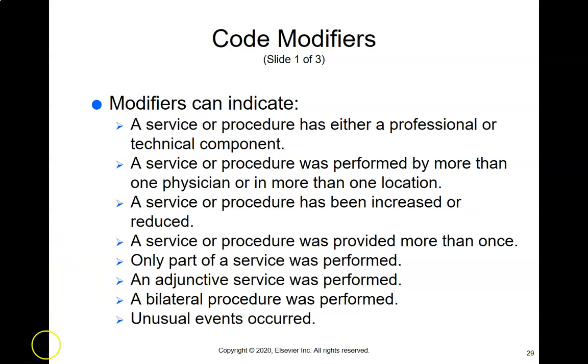Code modifiers. The code modifiers can indicate a service or procedure has either a professional or technical component, a service or procedure was performed by more than one physician or in more than one location, a service or procedure has been increased or reduced, a service or procedure was provided more than once, only part of a service was performed, an adjunctive service was performed, a bilateral procedure was performed, or unusual events occurred.